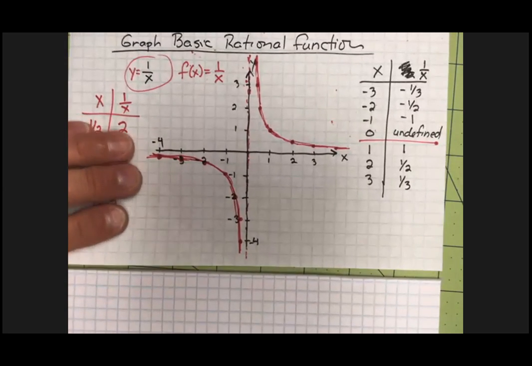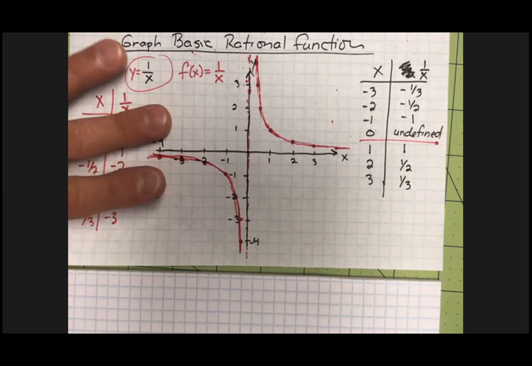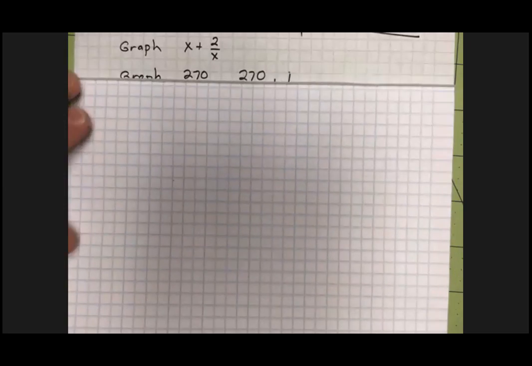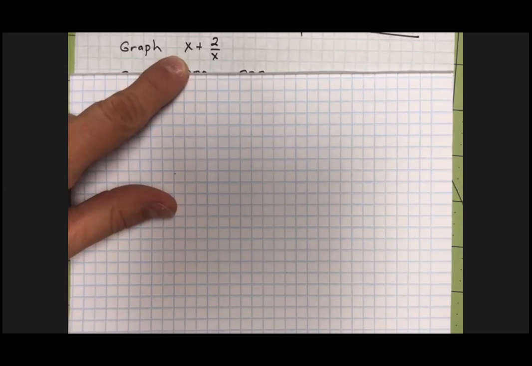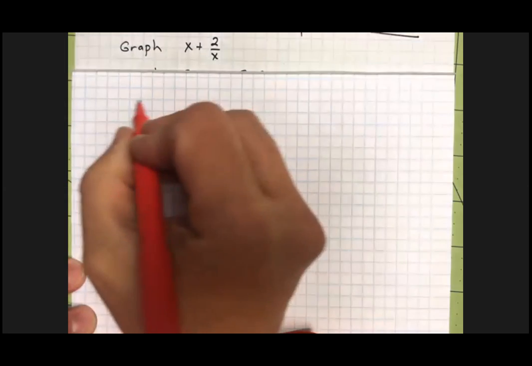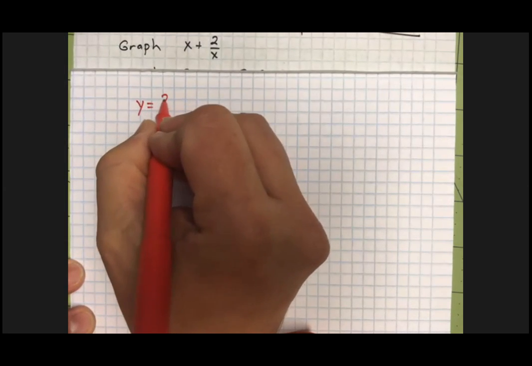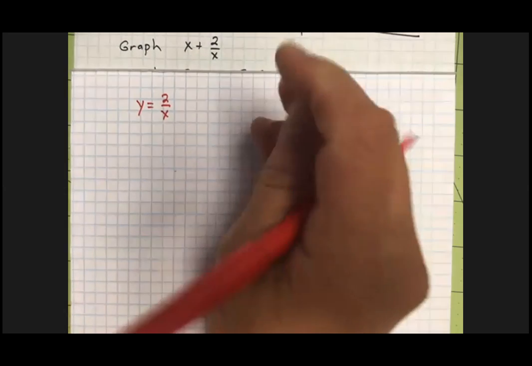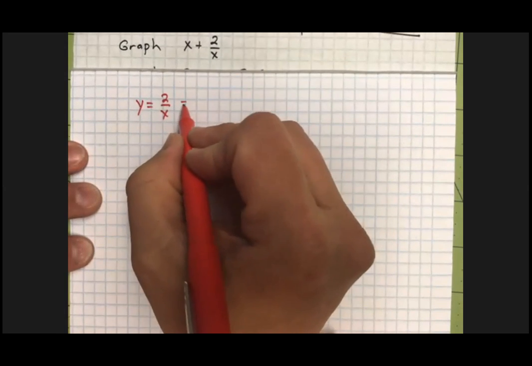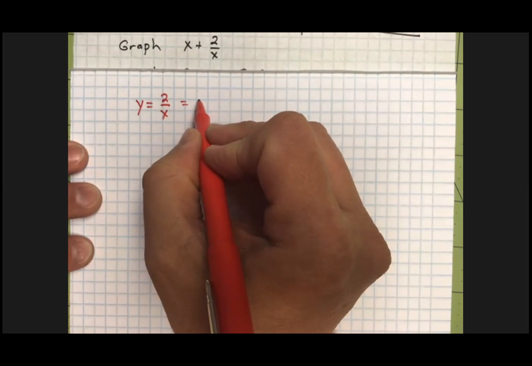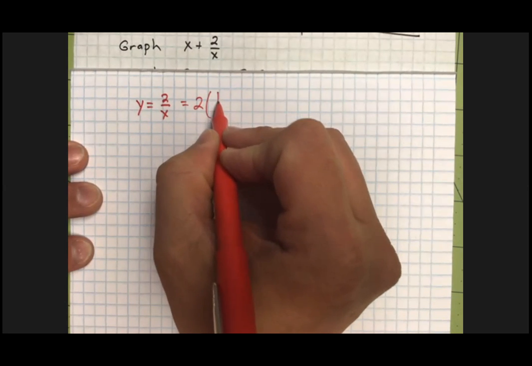I wanted you to show this picture right here, right? I want you to keep this picture in your mind. But I also want you to look back up to here that we wanted to draw this, right? So what happens if I draw 2/x? Well, like the problem said, isn't it just twice 1/x?